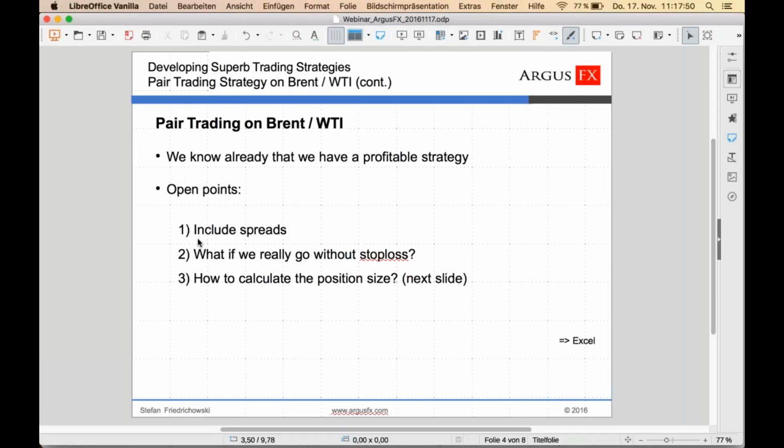But let me recap a little bit how we created pair trading. Pair trading always considers two underlyings, and the basic idea is that we look for strongly correlated underlyings, or even not only correlated. In this case, Brent versus WTI, we have already a strong story behind.